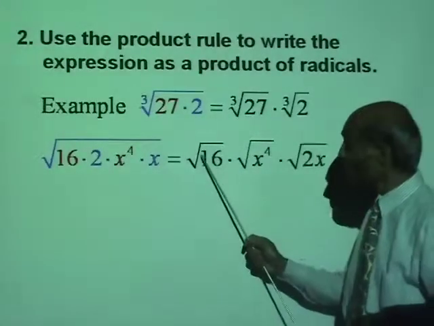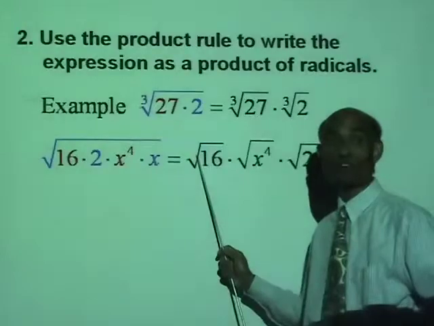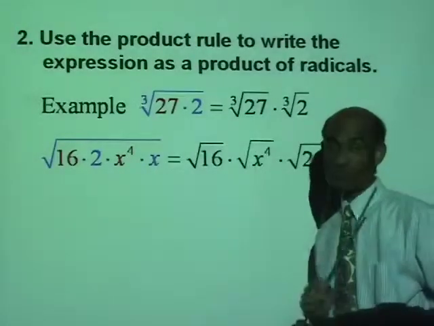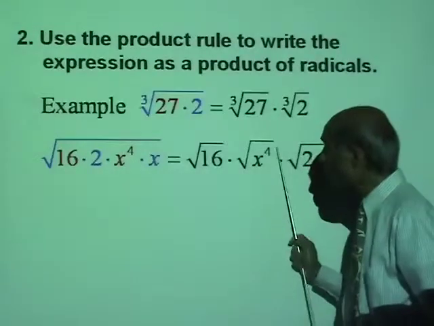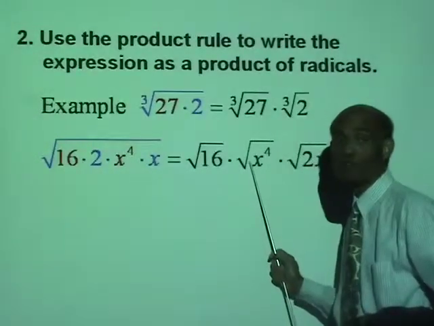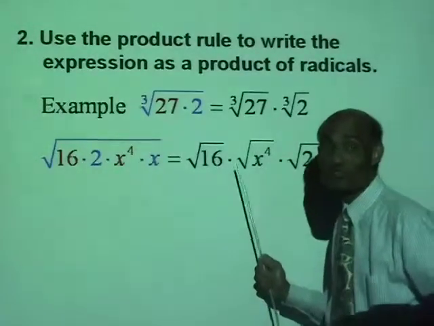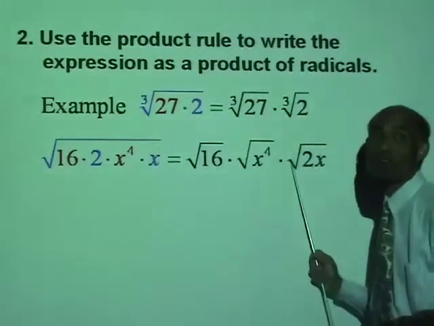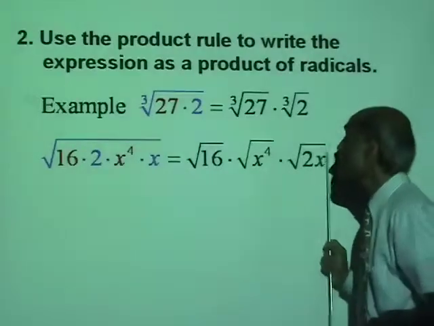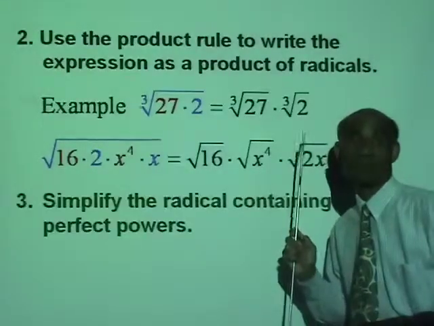Now, this can be simplified because you know what square root 16 is. What is square root 16? That is 4. What is square root of x to the power of 4? It is x to the power of 2. But can you simplify this any further? No, this will remain inside the radical.